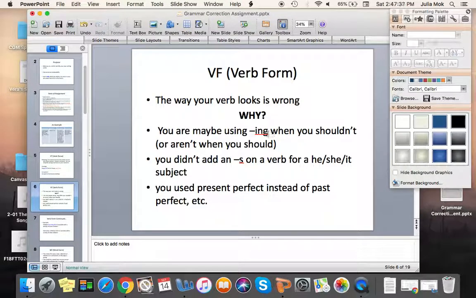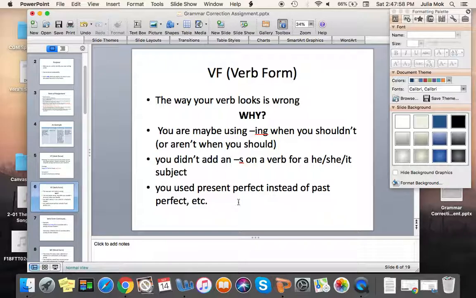Well, maybe you're using an ing when you shouldn't, or you're not using an ing when you should. You didn't add an S on a verb for he, she, and it subject. Maybe you use the present perfect instead of the past perfect. Maybe you use the simple past instead of the present perfect.